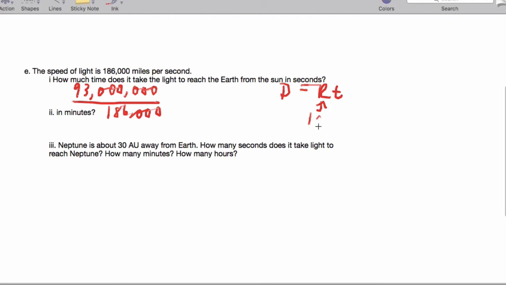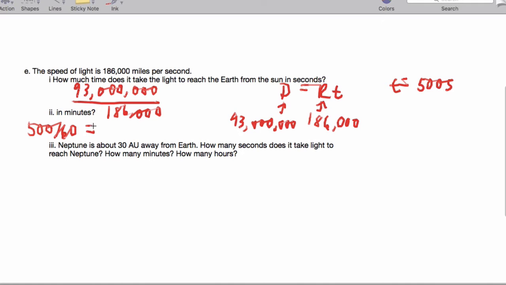Our rate is 186,000 miles per second, and the distance here is 93 million miles. So when we actually isolate t, I'm getting about 500 seconds. And if we want to convert that into minutes, that's 500 seconds divided by 60. It's getting me about 8 minutes when I round.